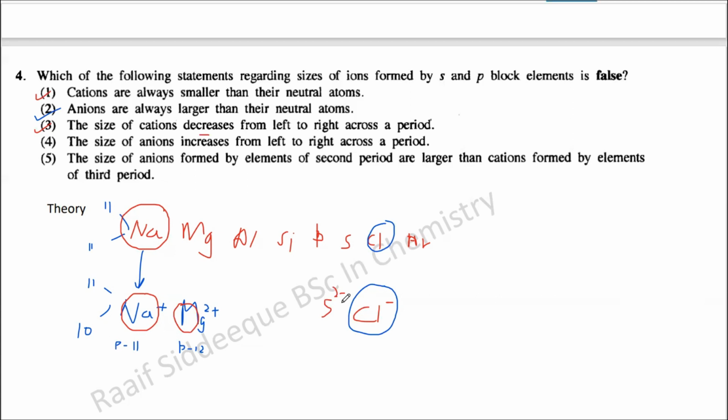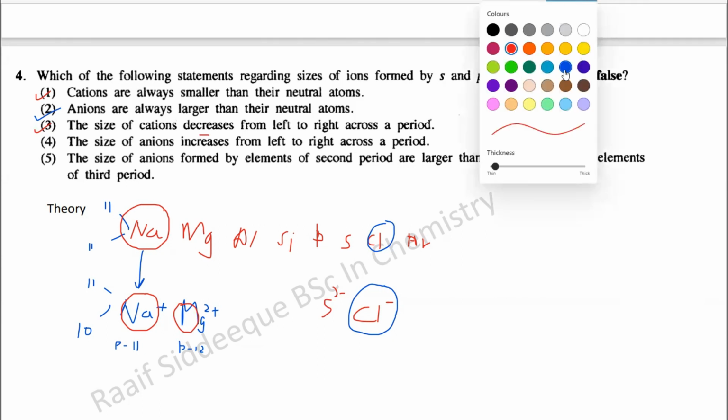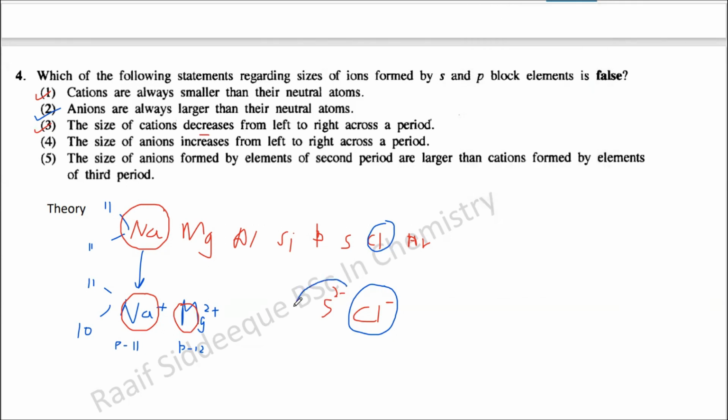When you compare S2 minus and Cl minus, the shielding in S2 minus is very high, so there will be a higher radius than Cl minus. So when you go from left to right across the period, it is not increasing. Still, when you just compare sulfur and chlorine, it is decreasing.